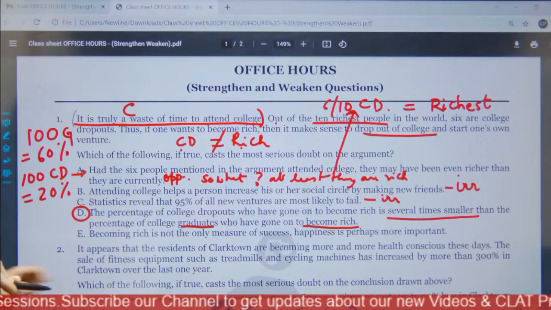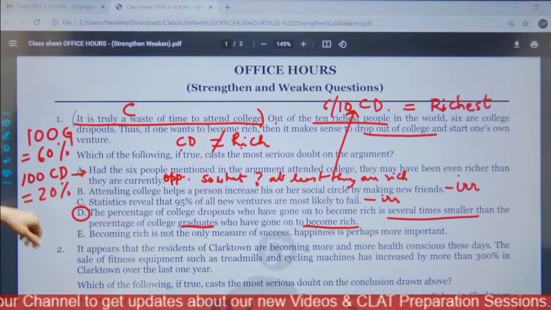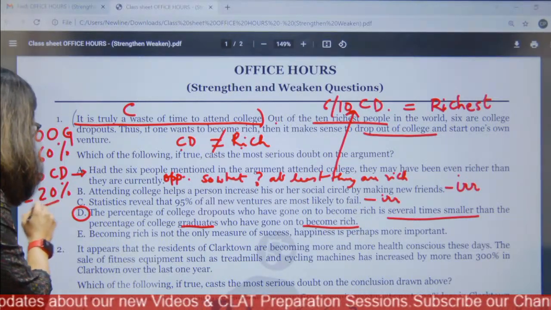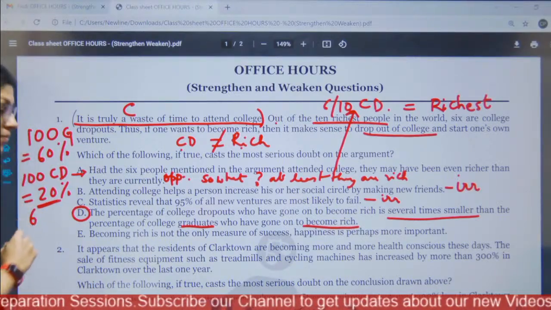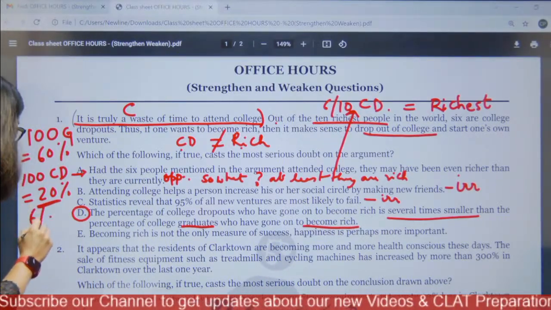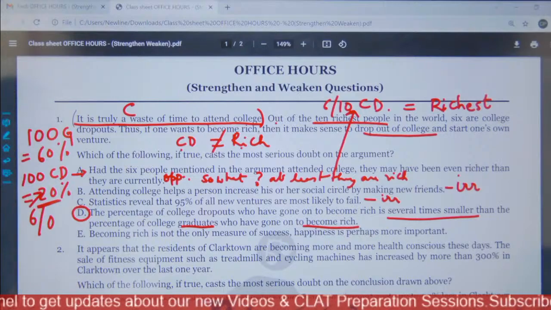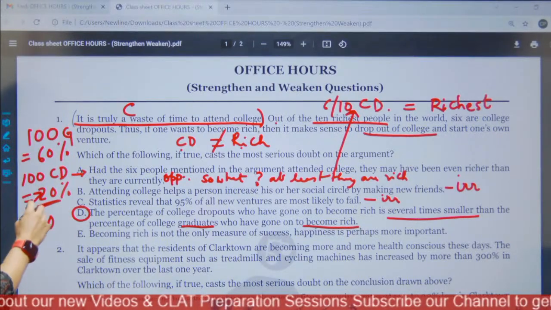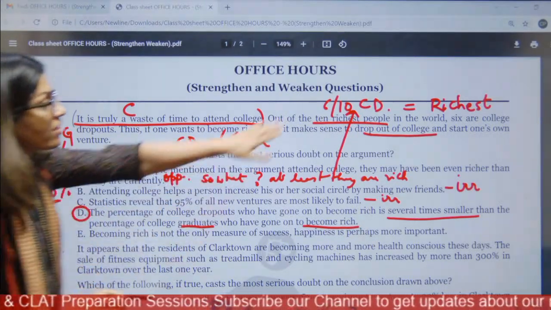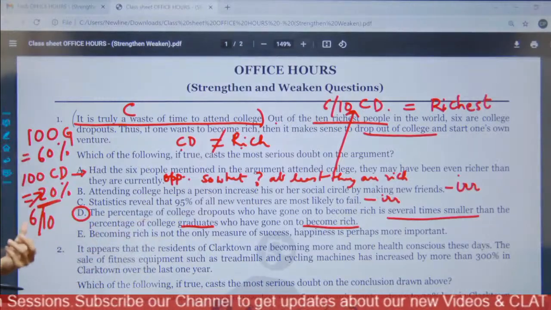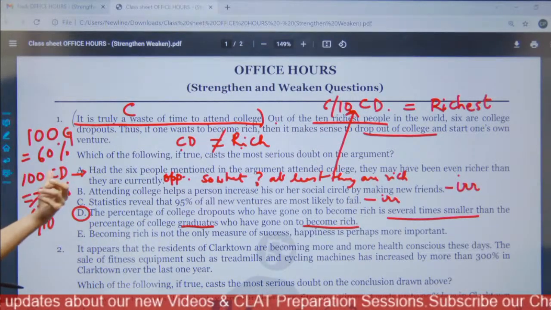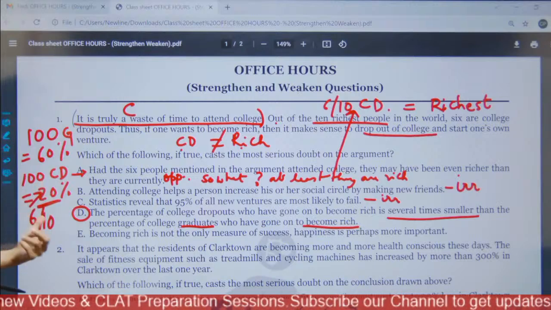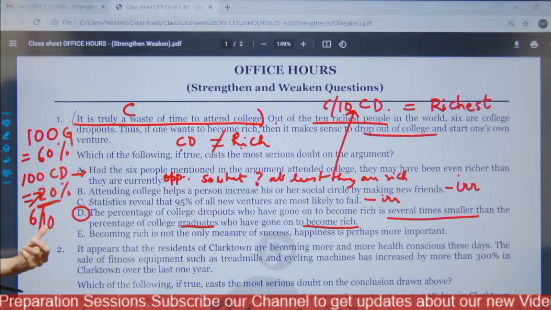Now, what is the sheer coincidence? Of these 20%, 6 out of the 10 richest come from this pool of 20%. So while in the richest group 6 of them are featuring, overall in dropouts only 20% end up becoming rich.